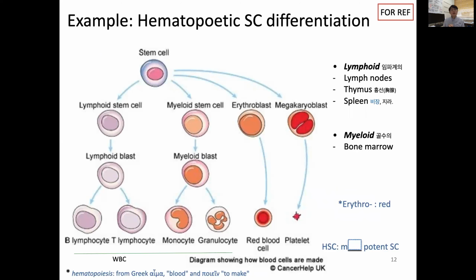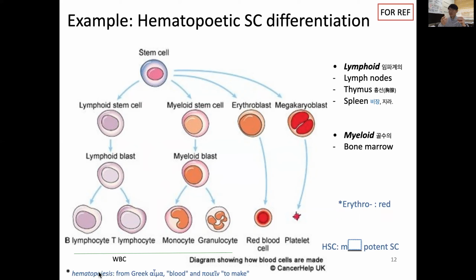So I want to bring an example to explain stem cells, especially hematopoietic stem cell differentiation. It's a little difficult term, but hematopoiesis: hema is Greek for blood, and poiesis is to make. So think about our blood. Our blood contains red blood cells, which compose almost 40 to 50% of blood volume.